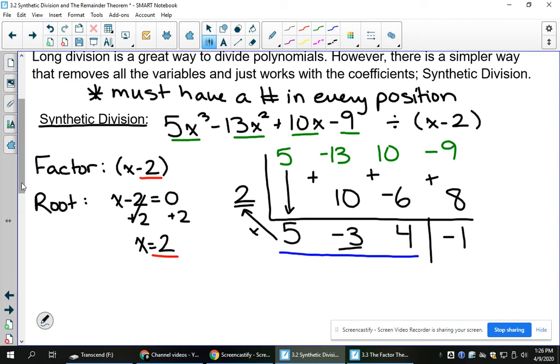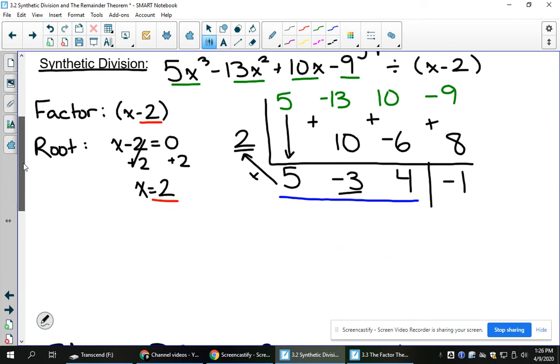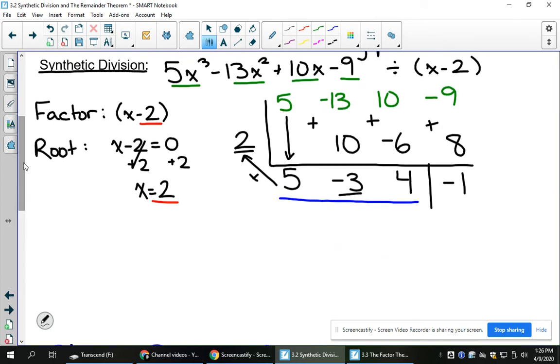So this says that if you divide 5x cubed minus 13x squared plus 10x minus 9 by x minus 2, you are going to get 5x squared minus 3x plus 4 with a remainder of negative 1.